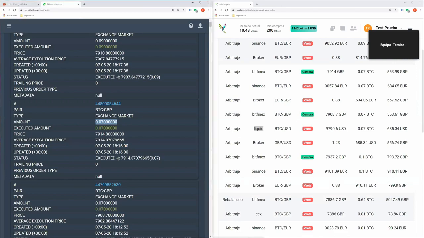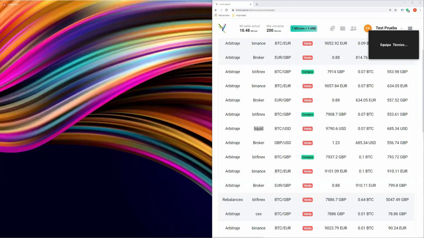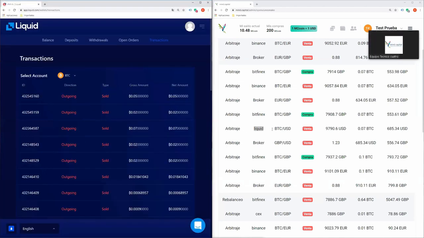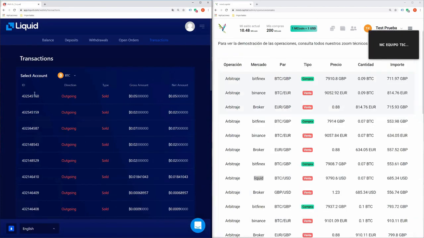Wednesday was a terrible day for this exchange. With high volatility, it's normal. Well, yes, it always happens, and Bitcoin is like this. Everybody knows. Liquid is a bit different.